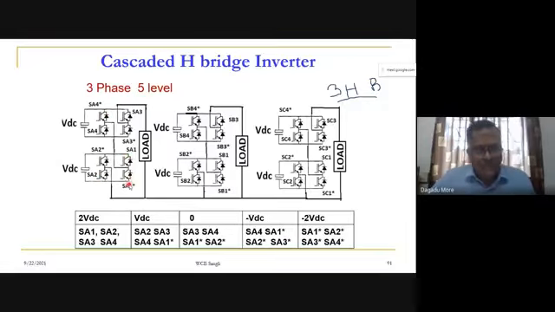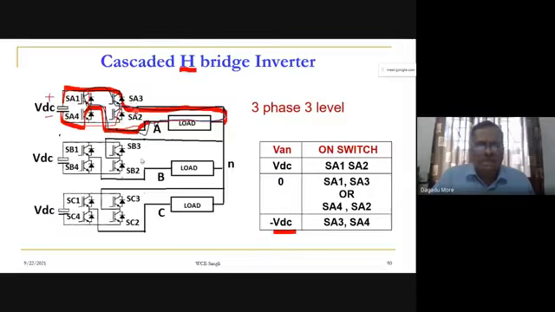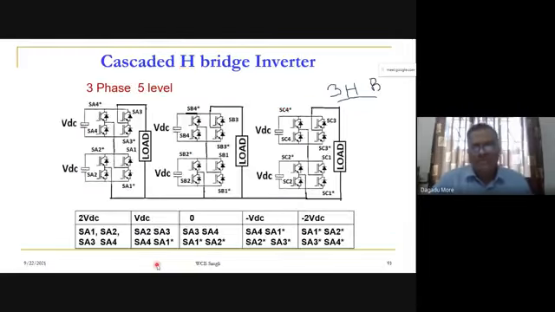And one bridge only, which is the configuration we have seen here, will give a 3 level. So in cascaded H bridge, we are having either 3 level, 5 level, 7 level, 9 level, 11 level. All odd number of levels. The even number of levels are not possible in case of this cascaded H bridge inverter.